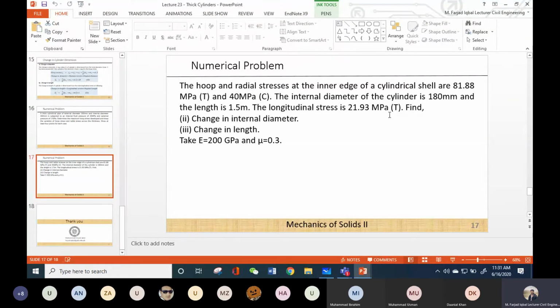We need to find out the change in internal diameter and the change in length, and we have been provided with the modulus of elasticity as 200 gigapascal and Poisson's ratio as 0.3. Let us start solving this one.